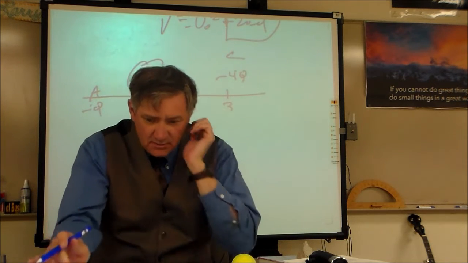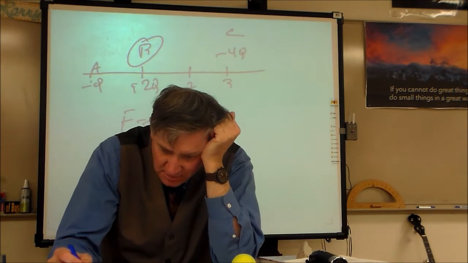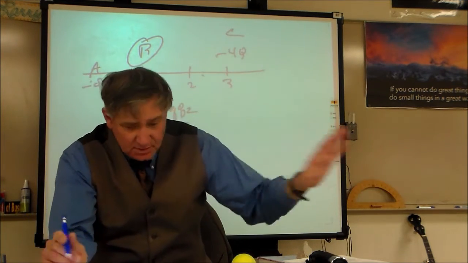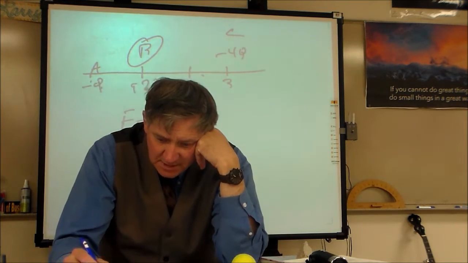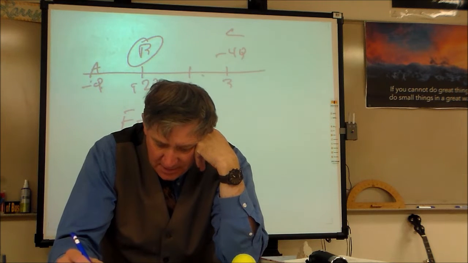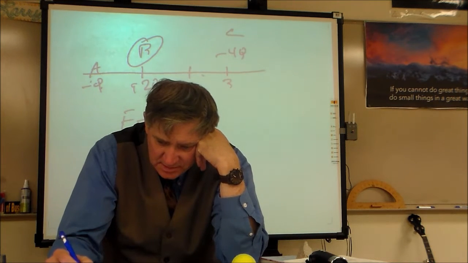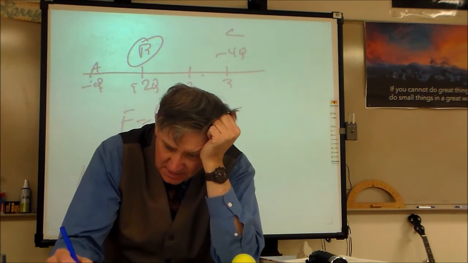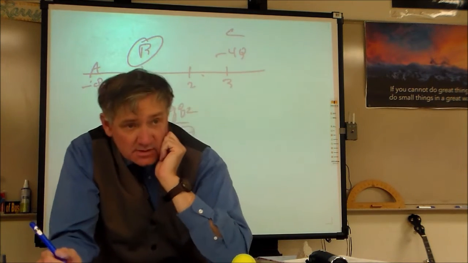So if you just start with the force that it's going to feel from the other two, that's going to be K times Q times 2Q divided by 1 squared. Don't even worry about the K because that's just a common factor. So that's 2Q squared.